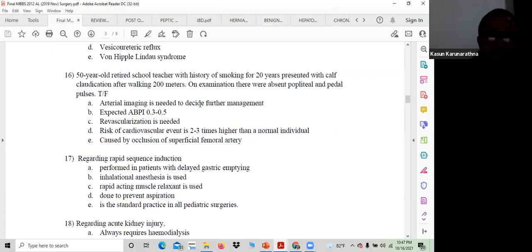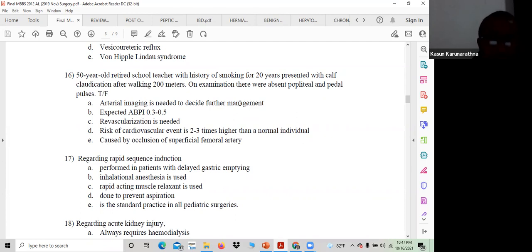Is imaging needed to decide further management? No, it's not needed unless you plan for surgical intervention, right? It's not always needed because occlusive arterial disease, peripheral vascular disease in the limb, is a clinical diagnosis supported by ankle brachial pressure index.